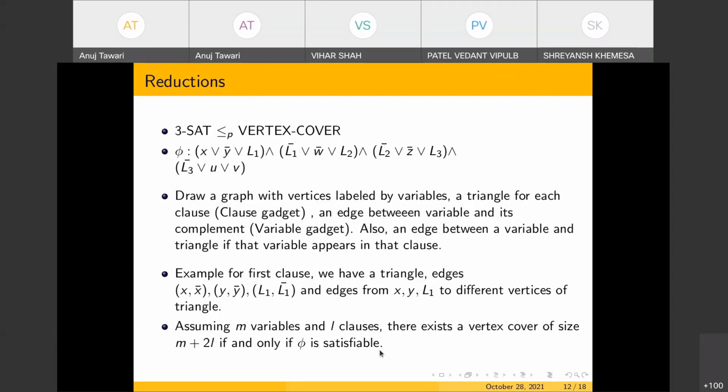So again, we have to prove two things. If there is some satisfying assignment to this x, y, z, x is true, y is false, and so on, then you can always find the vertex cover of this size, m plus 2l. And similarly, if you can find the vertex cover of this size, then that will give you a satisfying assignment for this formula phi.